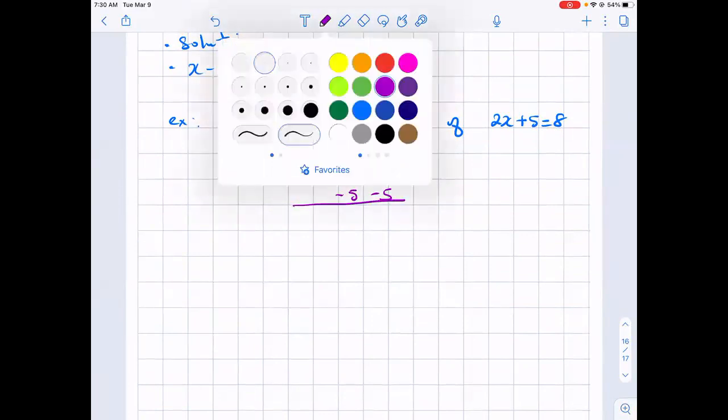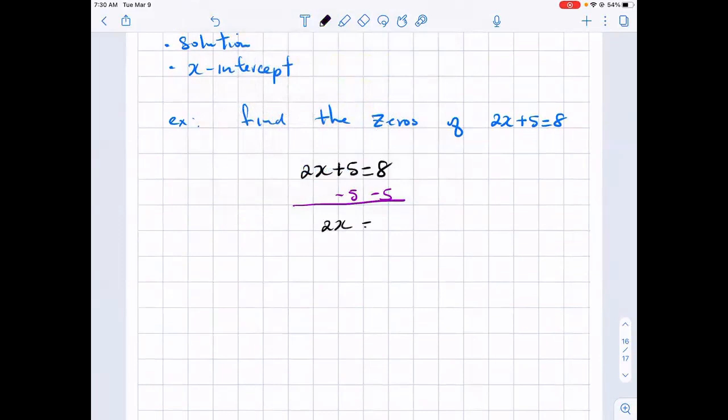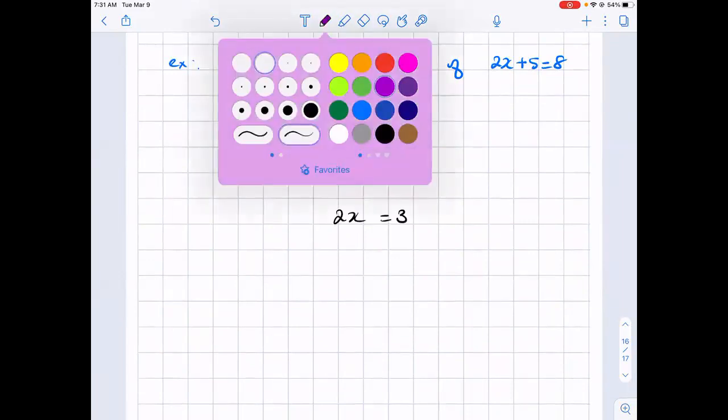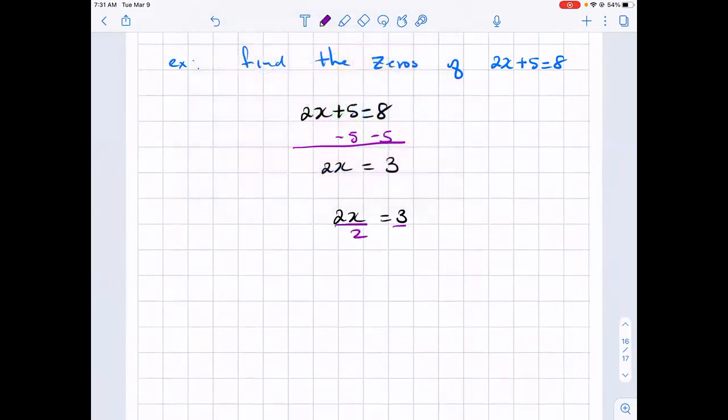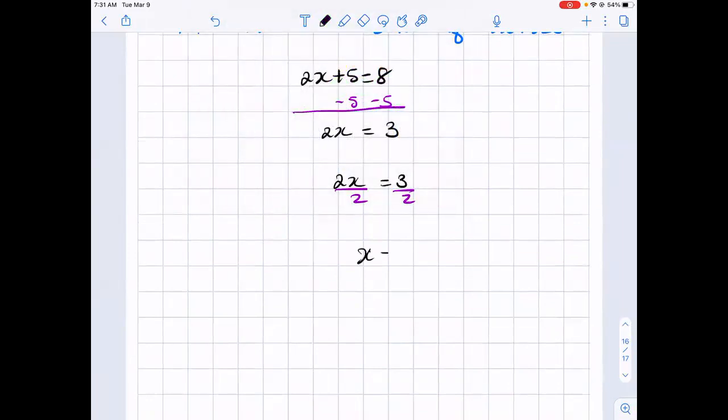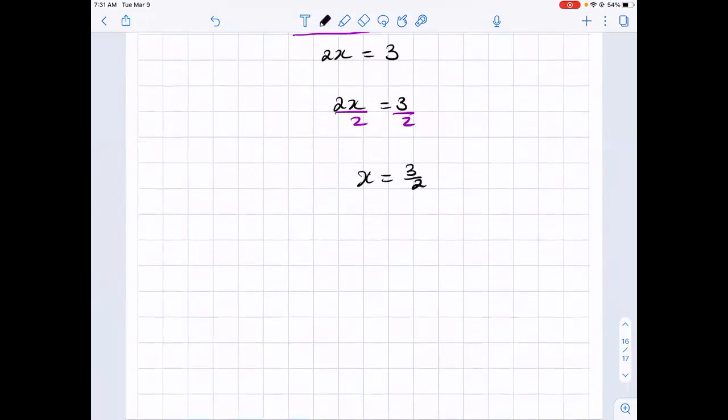We have 2x is equal to 3. And then we divide both sides by 2. If we divide both sides by 2, we have x is equal to 3/2. So this here is your answer, or your solution, or the zero.